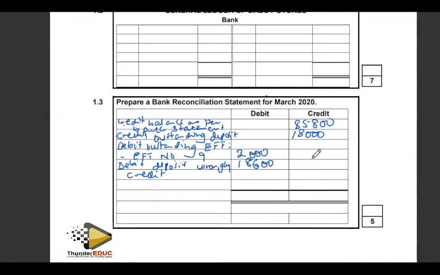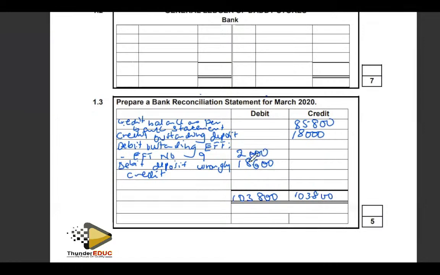85,800 plus 18,000. How much are we getting? I'm getting 10,000. So I'm going to come here and say, let me first get the totals. You see, we do this in process, okay? So this one gives me 100,300 and 3,800, okay? Which I must also have, you know how to balance the ledgers. But this side, I don't have the same amount, right?